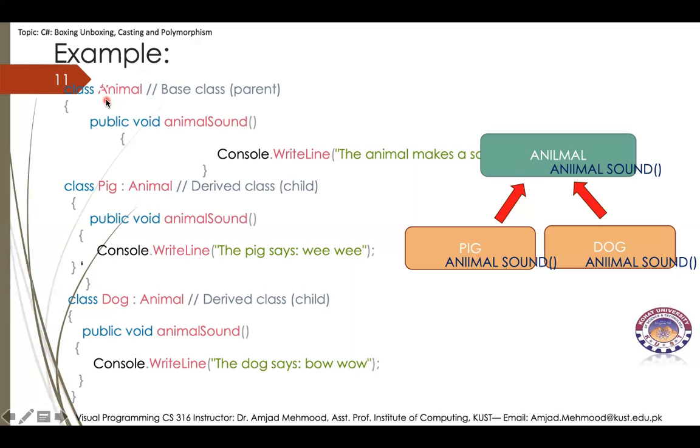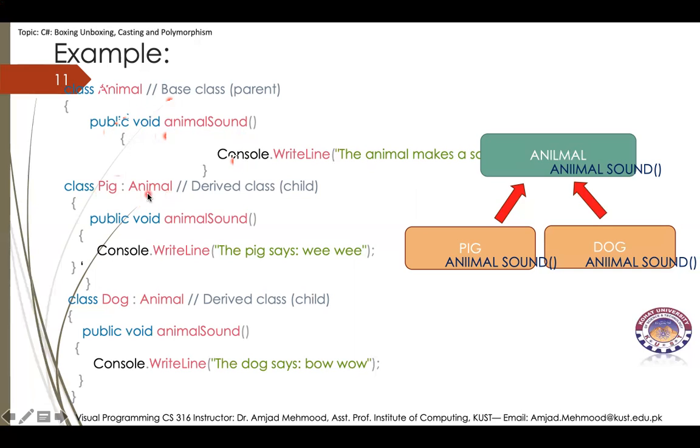Here you can see that we have a class animal, and here we have this method which is called animal sound, and this is a simple message that the animal sound is generated. And here you can see that we have a class pig, and this is the relation of inheritance.